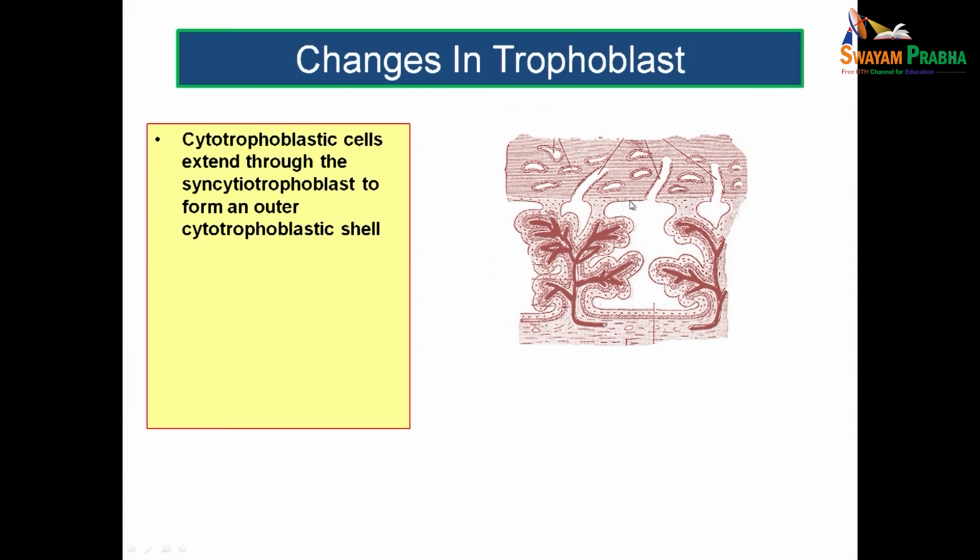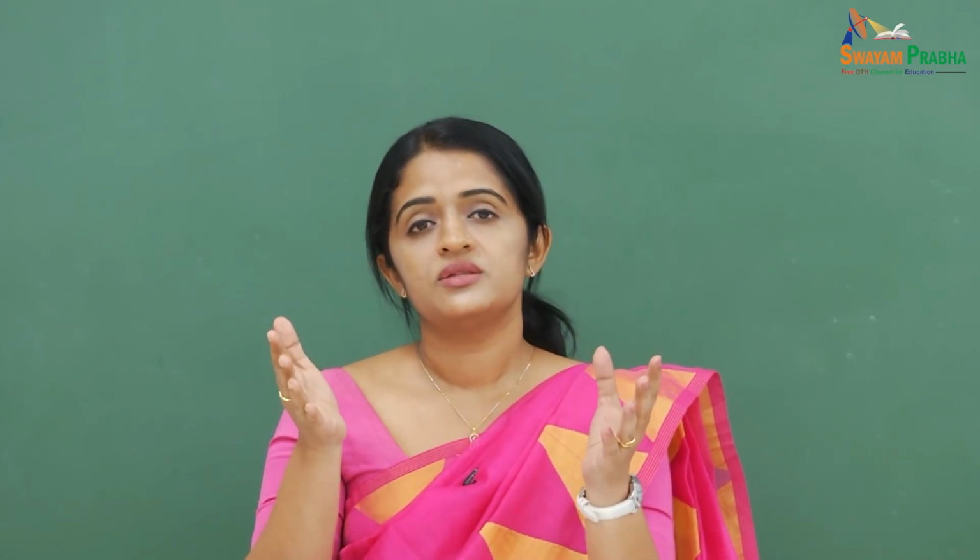So, the cytotrophoblast from the fetal side will go through the syncytial trophoblast and reach the outer aspect, and ultimately you will get another cytotrophoblastic shell formed, known as the outer cytotrophoblastic shell.